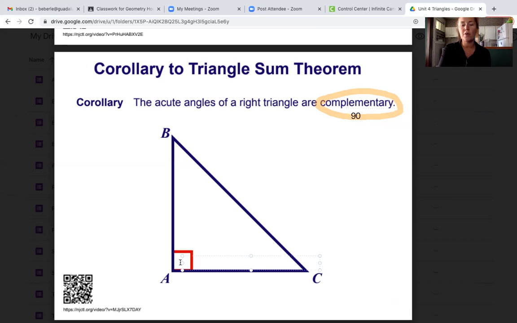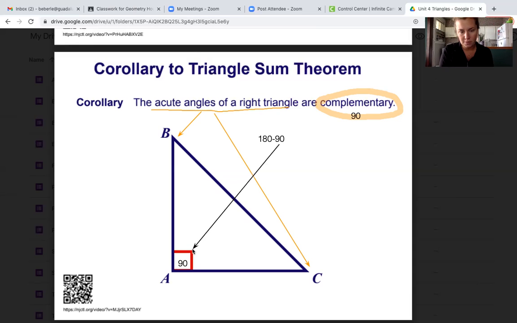Well, we know that right here, this angle means 90, right? It says the acute angles of a right triangle, so those angles are right here and right here. It says they are complementary. Well, let's make sense of this. All the angles of this triangle are going to add up to be 180 degrees, and we've already used 90 of them.